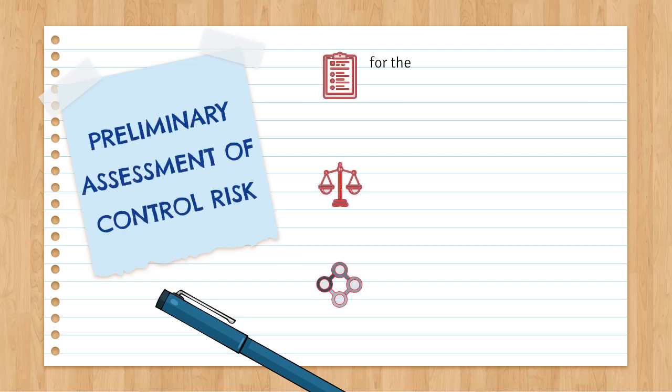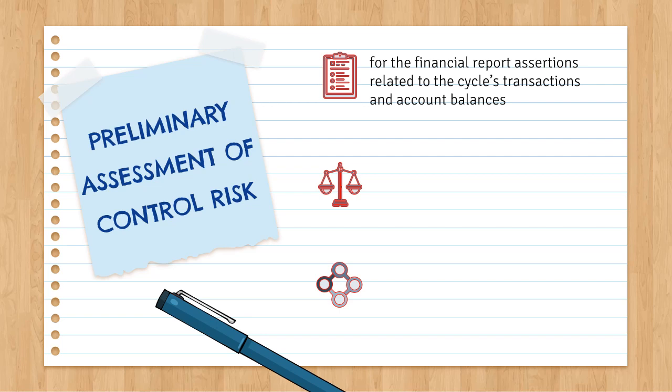After obtaining an understanding of the internal control structure to plan the payroll and personnel cycle audit, the auditor will make a preliminary assessment of control risk for the financial report assertions related to the cycle, transaction and account balances.